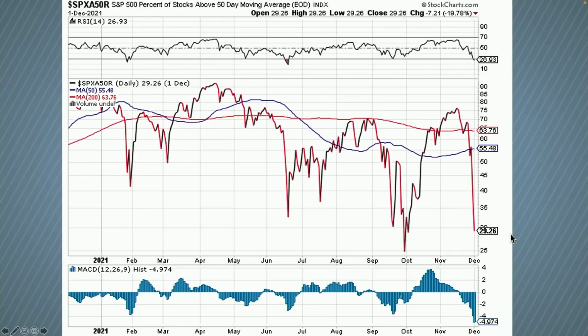And you can see that that gets oversold a lot less than that short-term breadth indicator. So when you combine the short-term breadth indicator with that RSI of the percentage of stocks above their 50-day average, that tells me you're going to get a significant bounce. And that coincides with my view that the market was going to rally into year end.